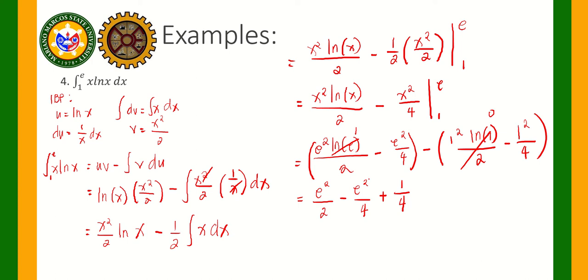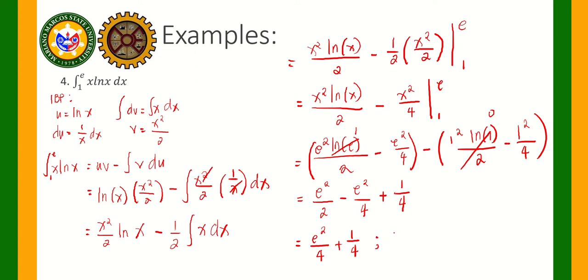Now, let's simplify further. Since same sila, we can subtract that. So, e squared over 2 minus e squared over 4, that is equal to e squared over 4. Okay, so e squared over 4 siya. E squared over 4 plus 1 over 4. Okay, and then we combine this one.